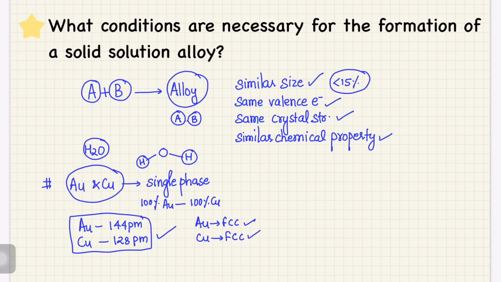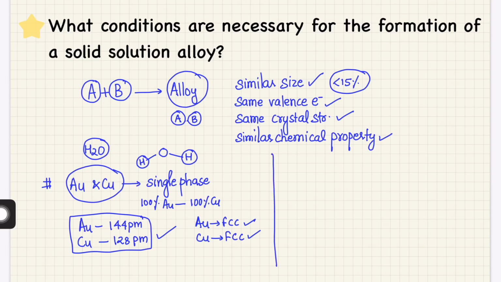Both are metallic, and their reactivity is very less, so they have similar chemical properties as well. Both are less reactive. Gold is the least reactive, or we can say the most inert metal. Because of this, there is a complete miscibility of gold into copper or copper into gold.